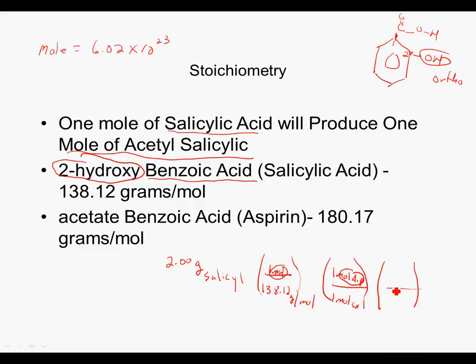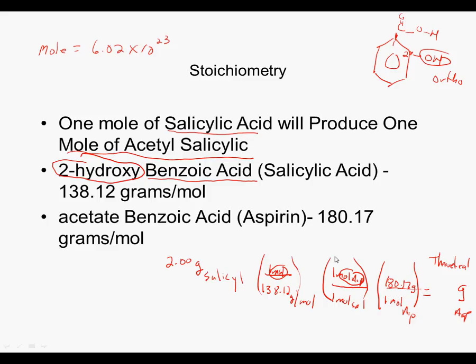We can figure out how many grams that is because we know that 180.17 grams of aspirin can be created when you have 1 mole of aspirin. And what we just calculated is the mass of aspirin, theoretically, that we should get from 2 grams of salicylic acid.